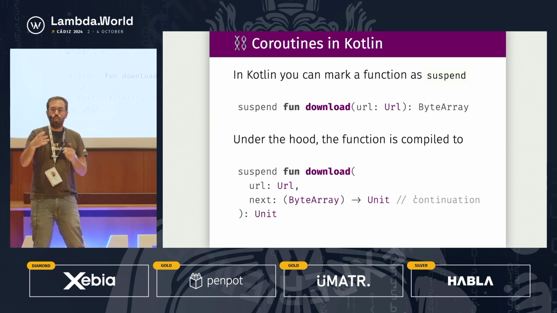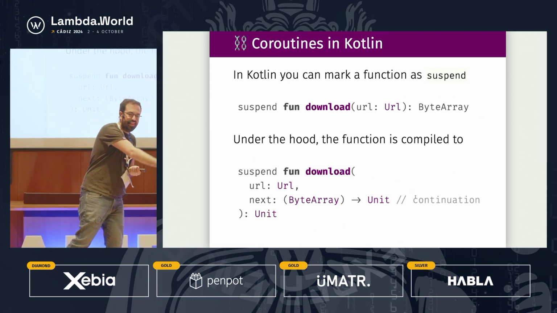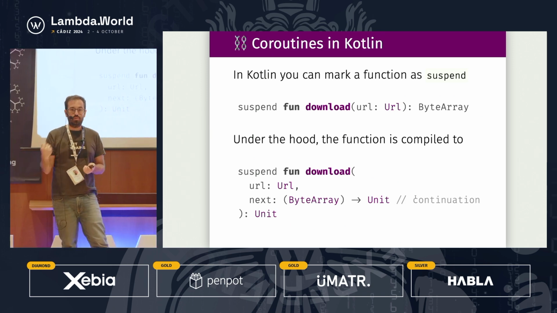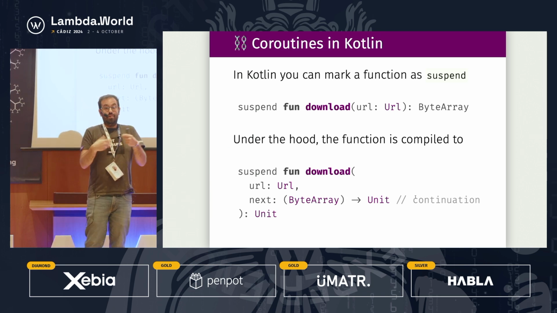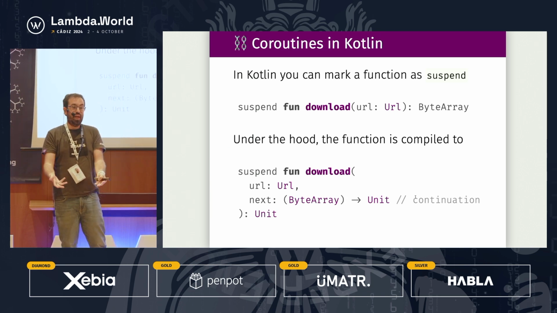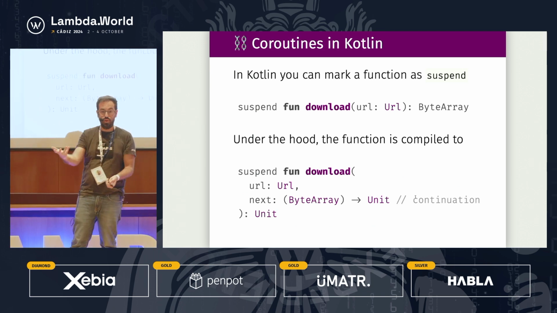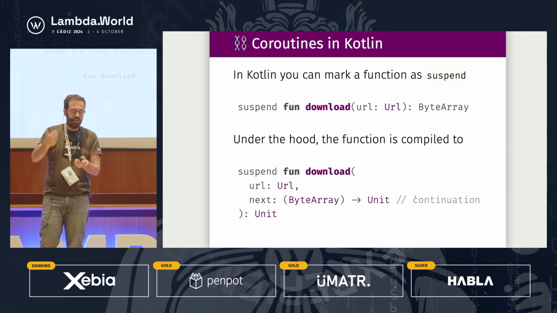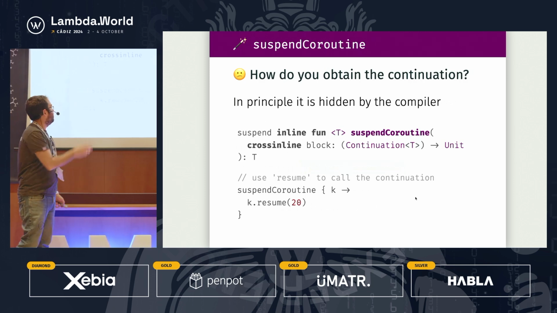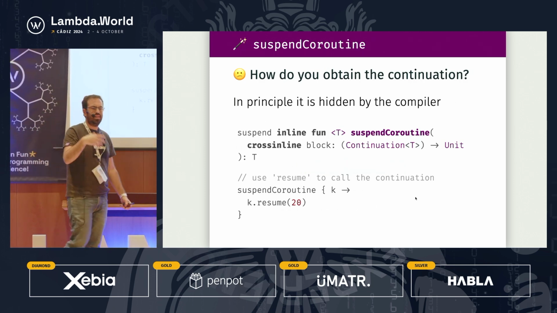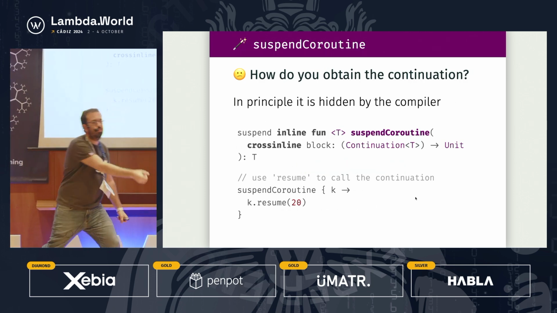So we need a way to dig in and get the continuation out of a suspend call, which for the further layers of the compilation is nothing, it's just returning the second argument. But in the surface language, the language we use, we need something extra, and this is called suspendCoroutine.